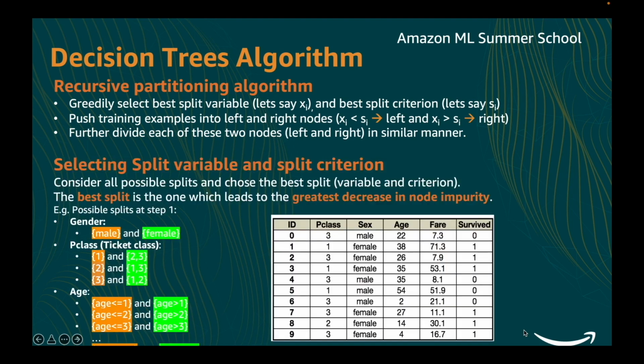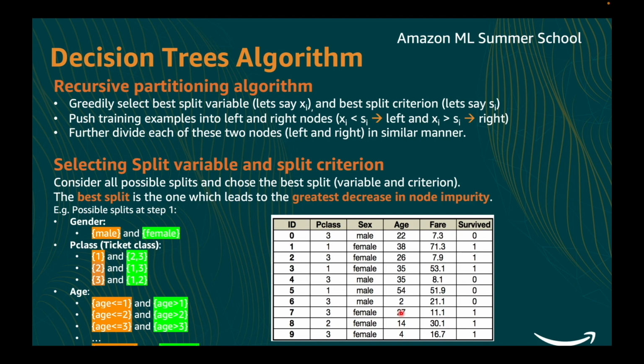So let's look at what are the different kinds of split criteria you might have. So let's say for this data set over here, we're going to build the very first node for this decision tree on this data set, right? So we have a variety of split criteria available to us.